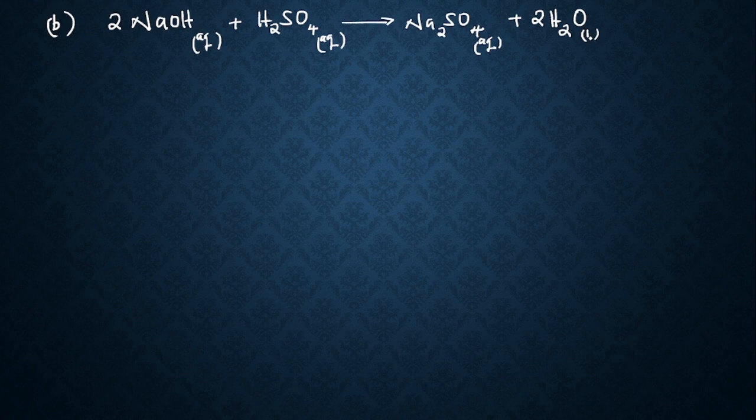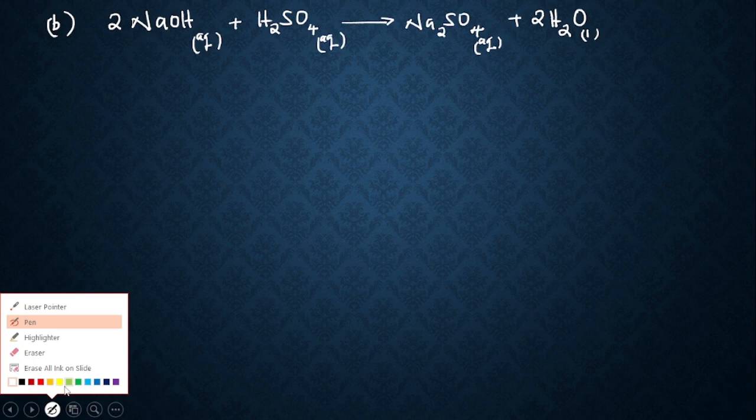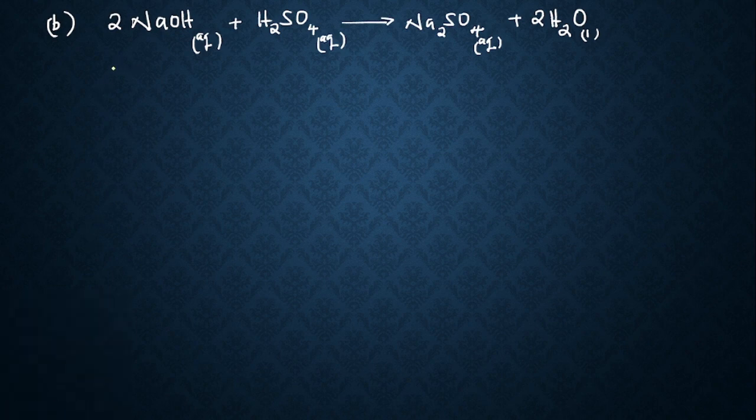Now, these numbers that you add when balancing are what we describe as the mole ratio. As you can see, 2 moles of sodium hydroxide react with 1 mole of the acid to give us 1 mole of the salt and 2 moles of water.